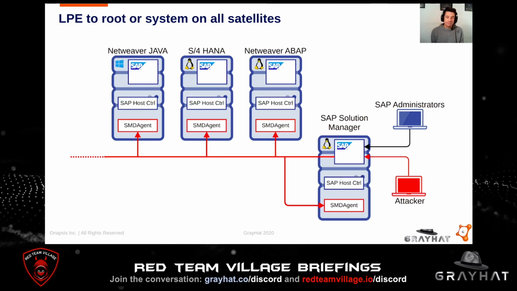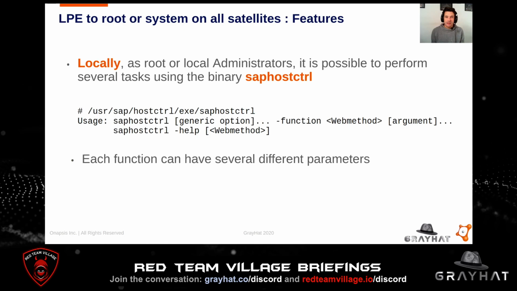So the next step is how, from this SMD agent user DADM access, we can call for something to do with the Subpost agent. All right. Normally, locally, the administrator uses the binary in the SAP kernel provided by SAP, the Subhost control, to call for functions provided by the Subhost agent.